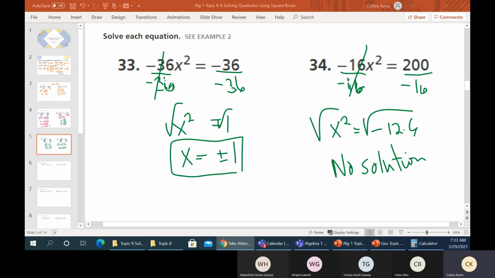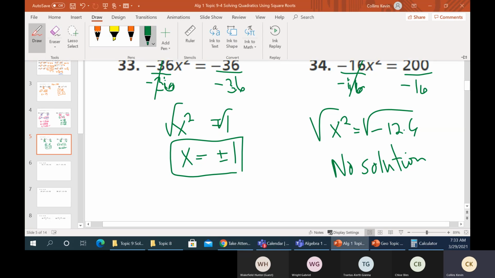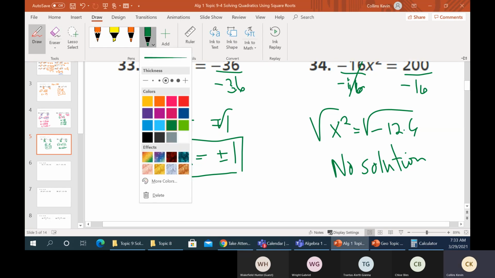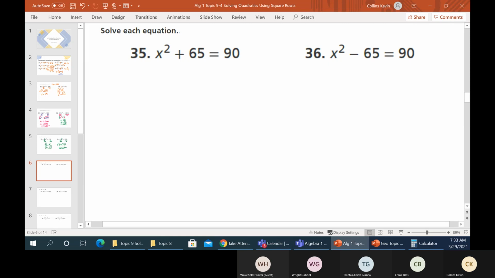All right, let's continue on. Maybe try another color here just for fun. So this one says x squared plus 65 equals 90. Okay. What do we do here? So before we had numbers in front of the x squareds and we were dividing. Now we've got just an extra number tacked on. So what do we got to do with this guy? Because again, if we're solving for x, we need to get everybody that is not an x to the other side, right?